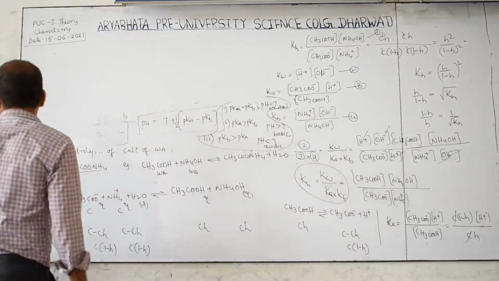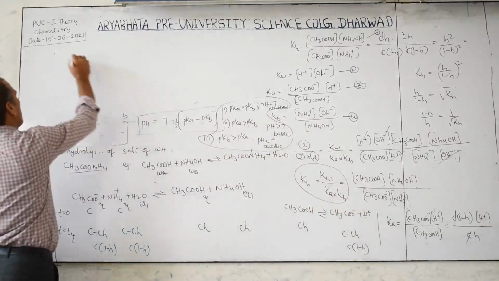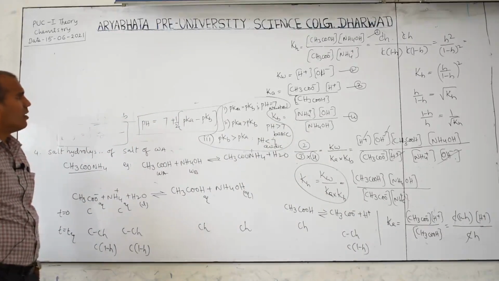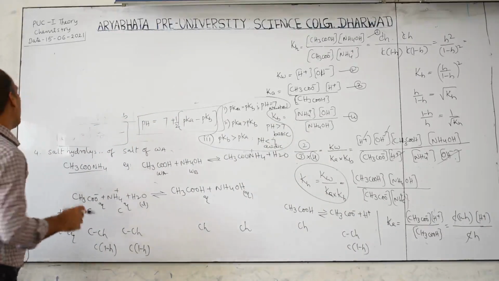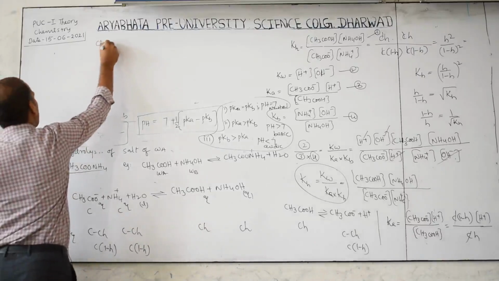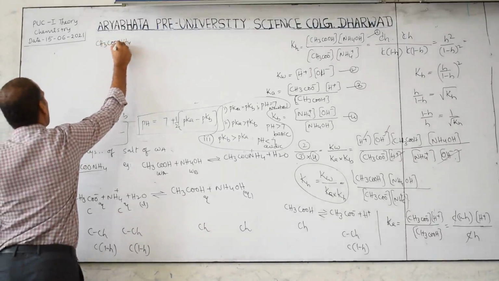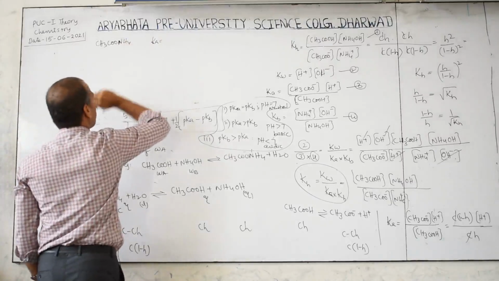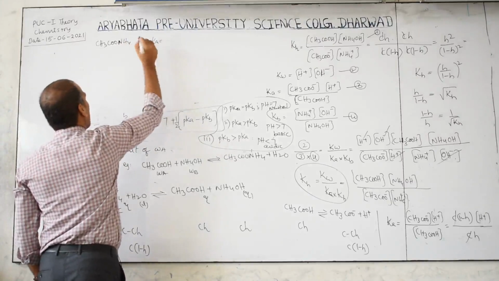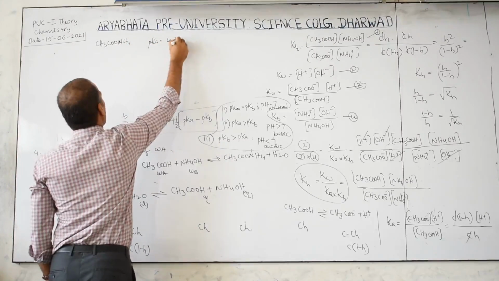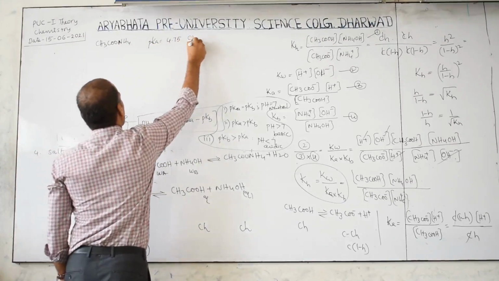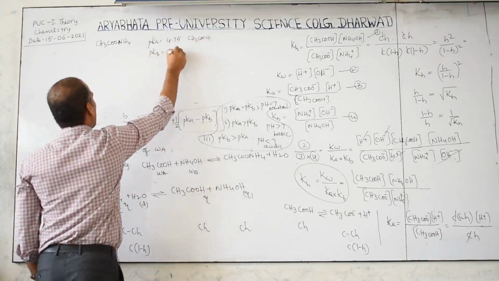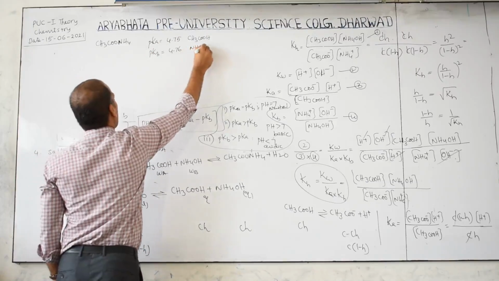Now let us calculate the pH of a salt of weak acid and weak base, that is CH3COONH4. This is a salt. Here the pKa value is given, that is 4.75 for acetic acid, and the pKb value is given, that is 4.76 for ammonium hydroxide.